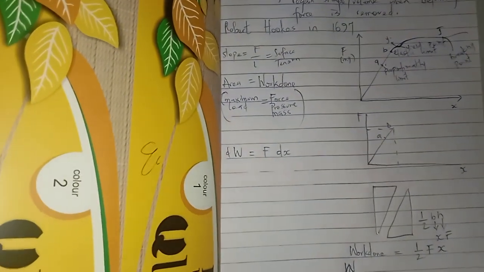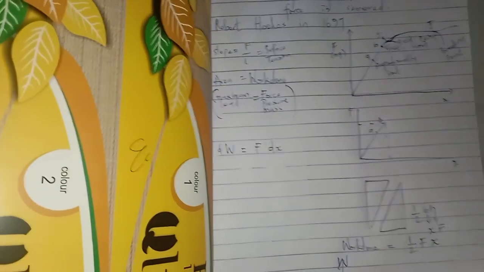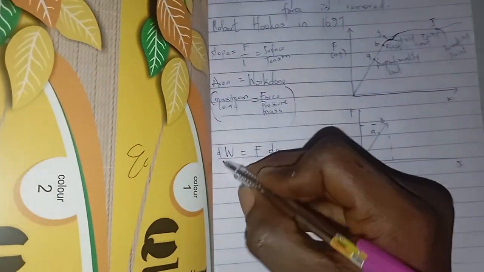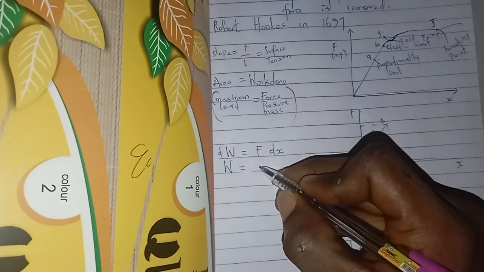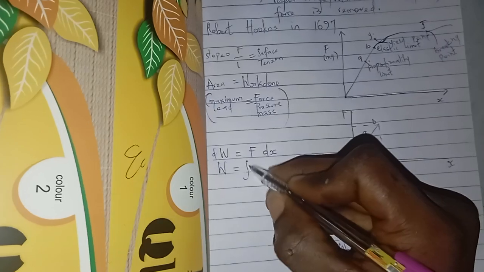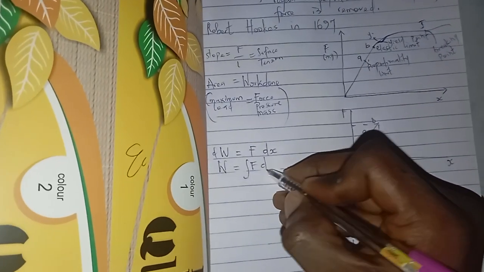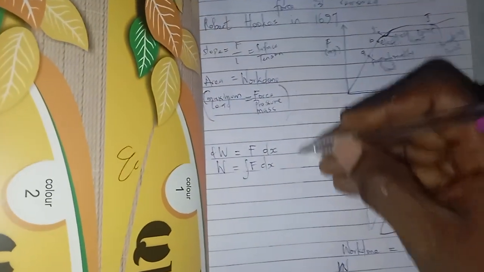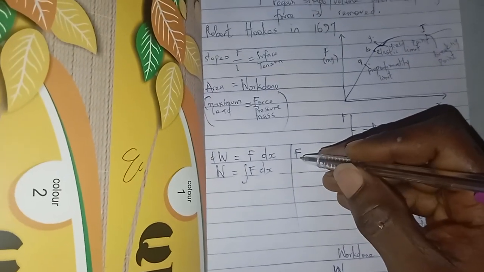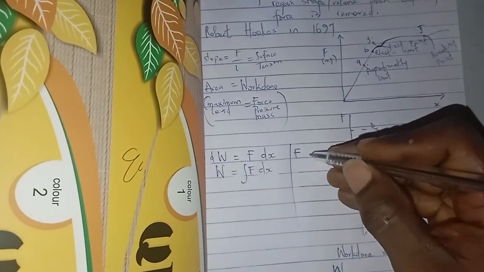If I say small work, it means change in work. If I say small pressure, it means change in pressure. So if you want to make work the subject of the formula, if you cross this over, you now see that this is going to be the integral of F dx.